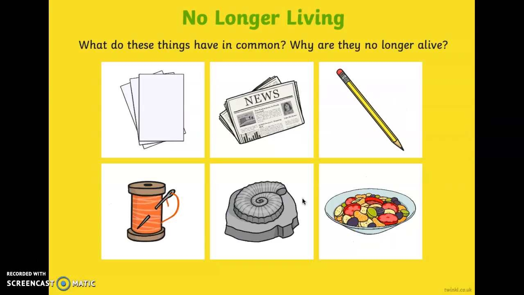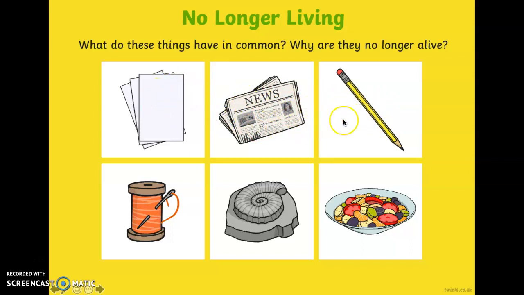What about these things, boys and girls? It says up here, no longer living. So that suggests that they were at one point alive. Can you guess why? Yes, paper, newspaper, and pencils all came from trees. Trees are alive.